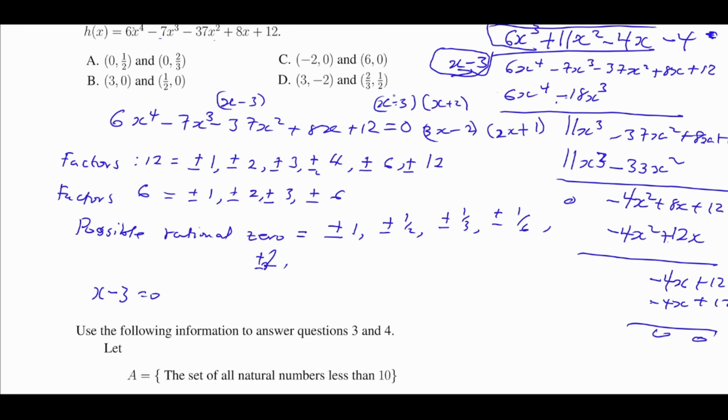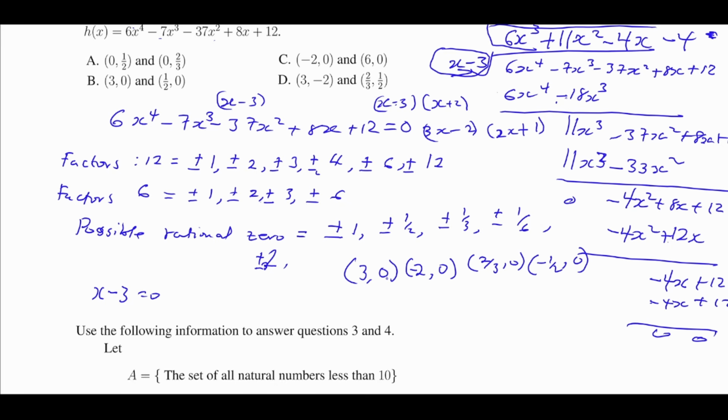So these are the roots. So if you are going to write the intercept out, it should have been 3, 0, and then negative 2, 0, and then positive 2 over 3, 0, and then negative 1 over 2, comma 0.